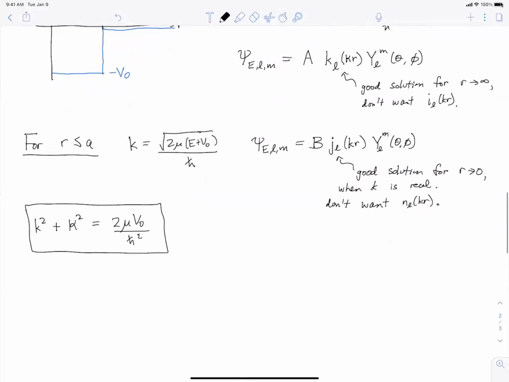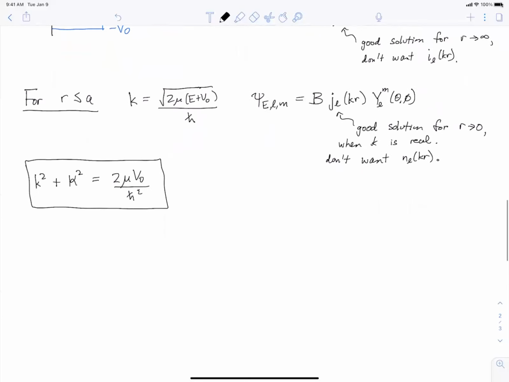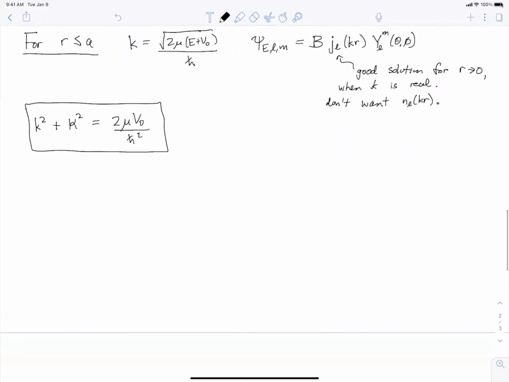Okay, so we have our two solutions that we're trying to match up, and let's look for a simple solution with L equals 0. In fact, we're not even going to do the case where L is not 0. It can be done, it's just more complicated.